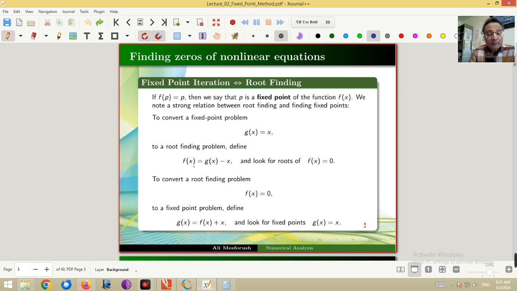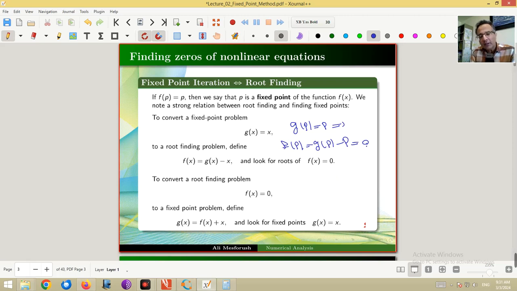Now if P is a fixed point of g, then g of P equals P. So f of P will be g of P minus P, and this is equal to 0.